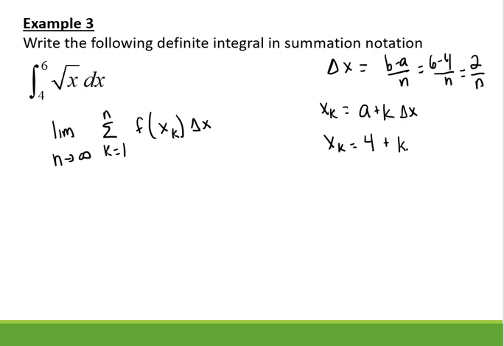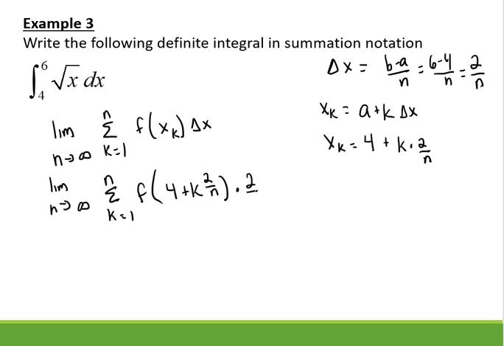So now I have the limit as n goes to infinity, where x sub k is 4 plus 2 over n times k, times delta x, which is 2 over n.